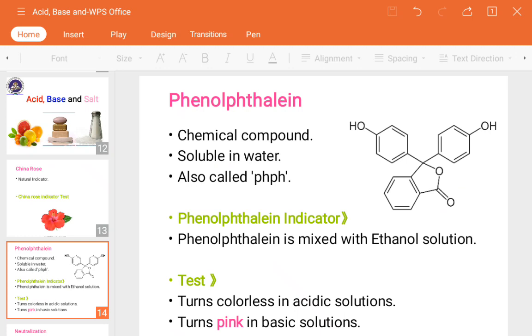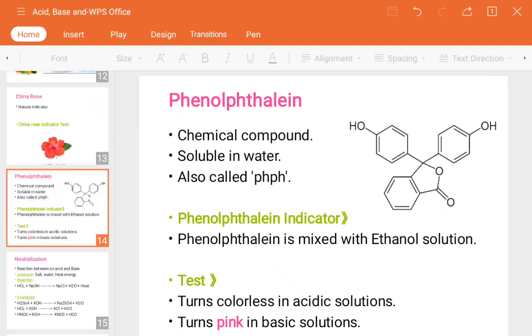Actually phenolphthalein is a colorless solution, so with an acidic solution it stays as it is, colorless. If it is basic, it turns pink. So this is about phenolphthalein, a chemical compound we mostly use in laboratories for detecting different types of solutions.